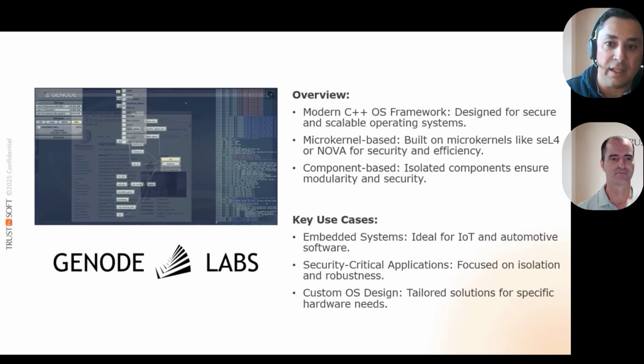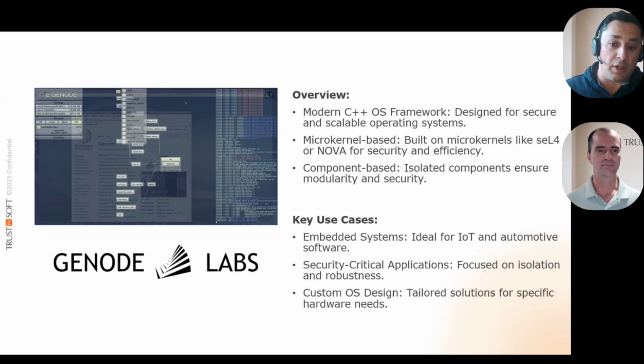Yeah, thank you. So today we're going to talk about Genode Labs. Genode is a project that I've been looking at for quite some time because, if you've seen in past presentations, I've been working on real-time operating systems for many years.